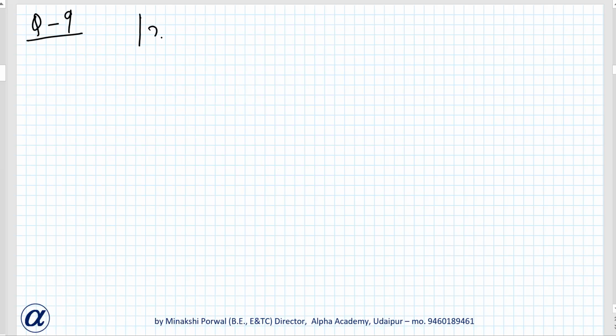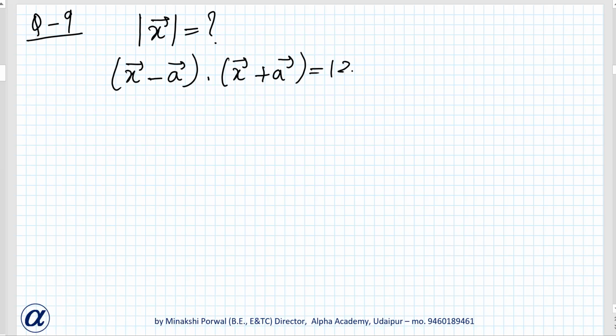So we have to find magnitude of X. This is equal to modulus of X the whole square minus modulus of A the whole square by identity, that is equal to 12.